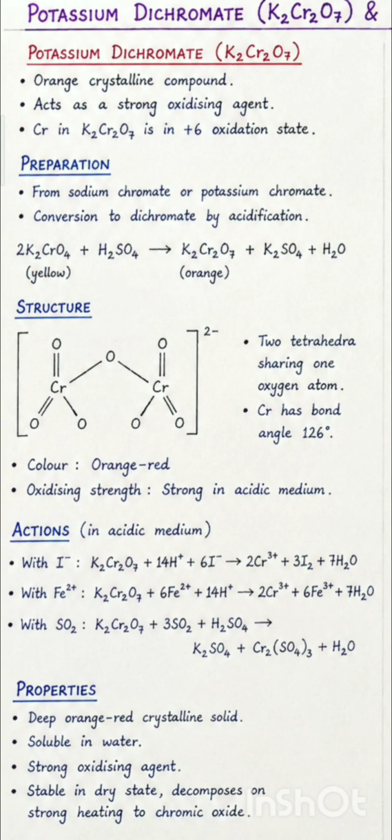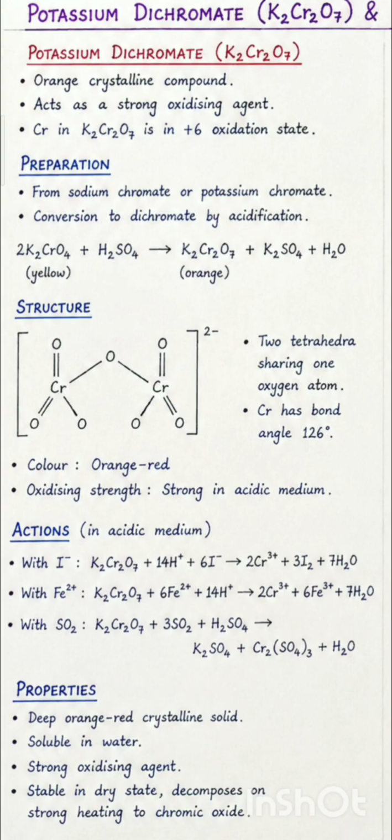Reactions in acidic medium with I minus: K2Cr2O7 converts I minus into I2, meaning it is a good oxidizing agent, and I minus to I2 involves oxidation.